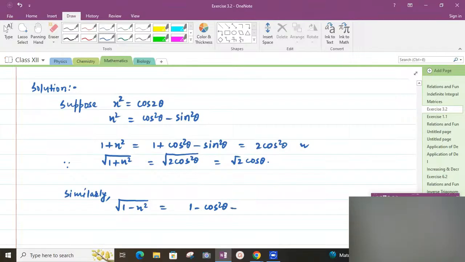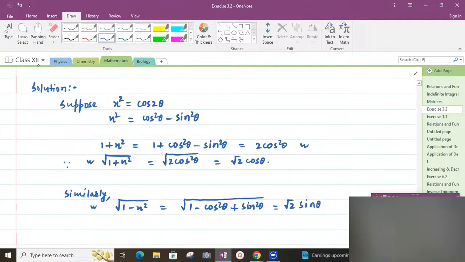So here will be plus sin square theta and over root, 1 minus cos square theta equal to sin square theta. Sin square theta plus sin square theta equal to 2 sin square theta, and the square root of 2 sin square theta will be root 2 sin theta. So hope that there is no problem to understand the value of 1 plus x square over root and the value of 1 minus x square over root.